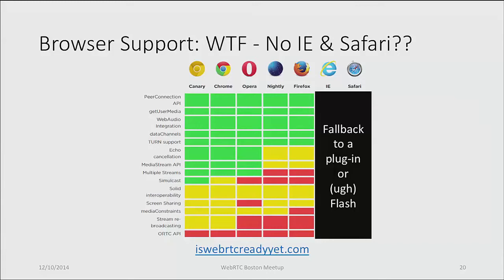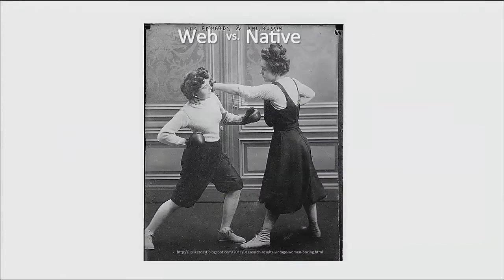So what do you do in the meantime? Well, there are actually a number of solutions out there to help with this. There are plugins that you can use, or if you're really desperate, you can always fall back to Flash, RTMP, and some of those mechanisms that didn't really work too well in the past. And then the other item here is, what about native development, which is a big part.